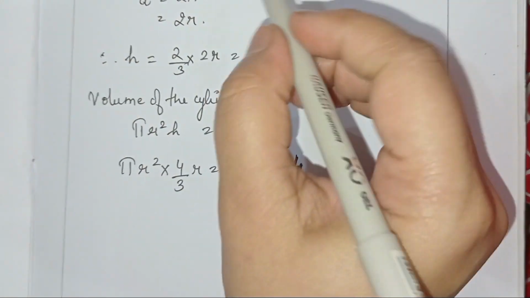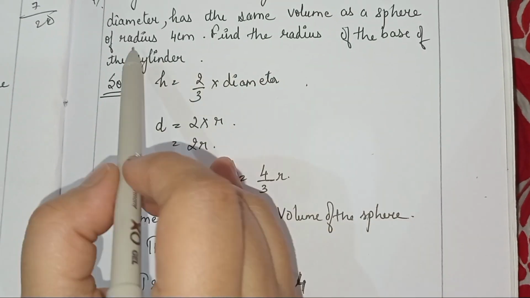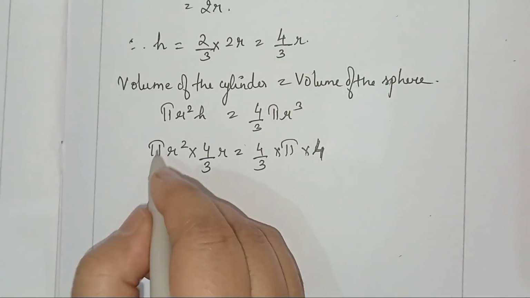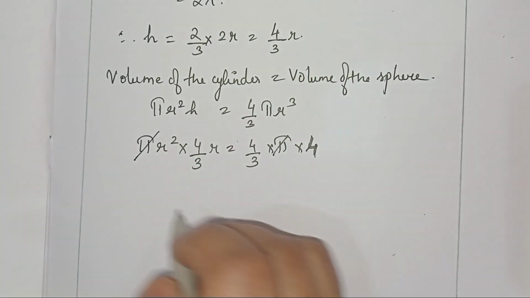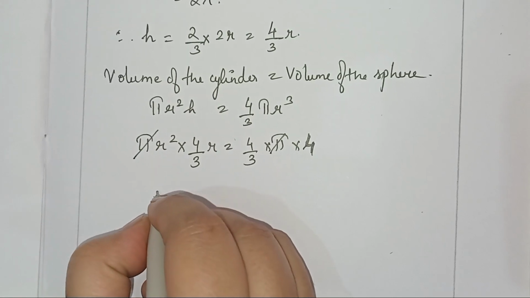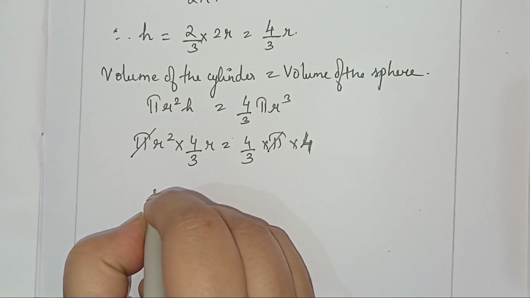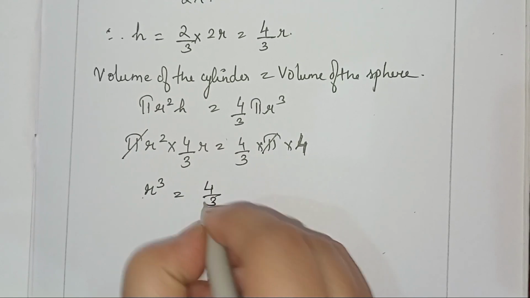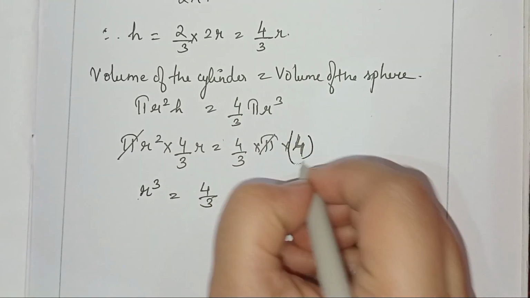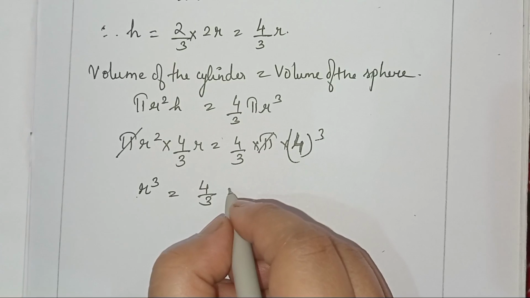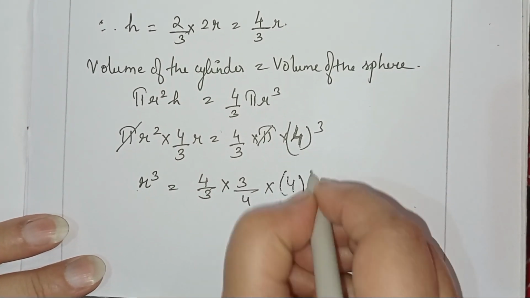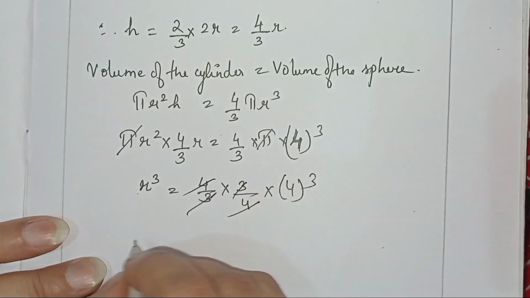Here it is mentioned, the radius is 4 centimeters. So pi gets cancelled with pi. This will become simply r cube is equal to 4 over 3 into 3 over 4 into 4 cube. 3, 3, 4, 4 all get cancelled.